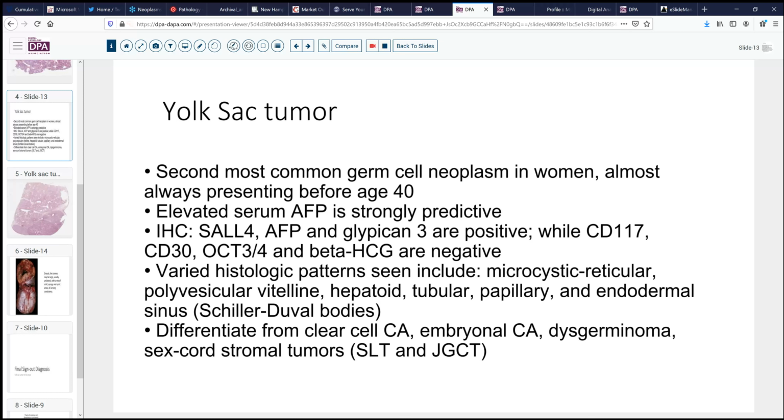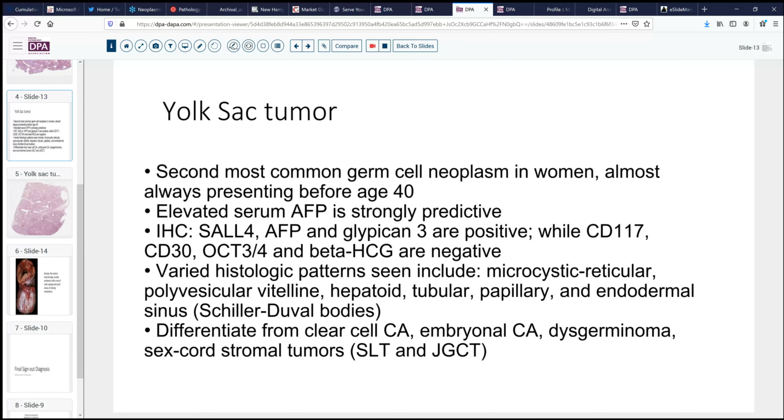Still, yolk sac tumor is the most common germ cell neoplasm in women after dysgerminoma, and almost always is presenting at a pediatric, adolescent, young adulthood type age, certainly pre-40 years of age. And elevated serum AFP is highly predictive for this neoplasm.